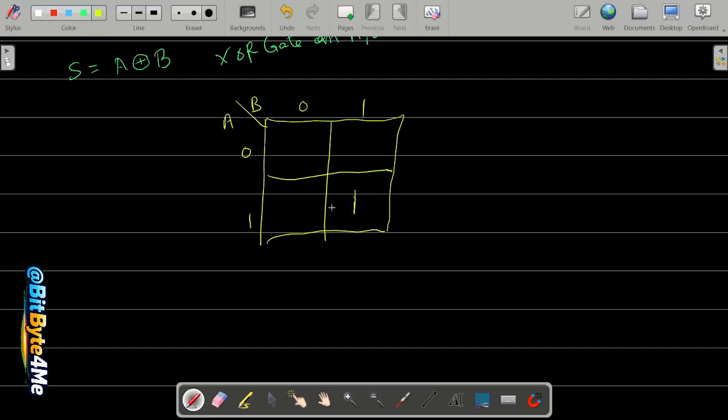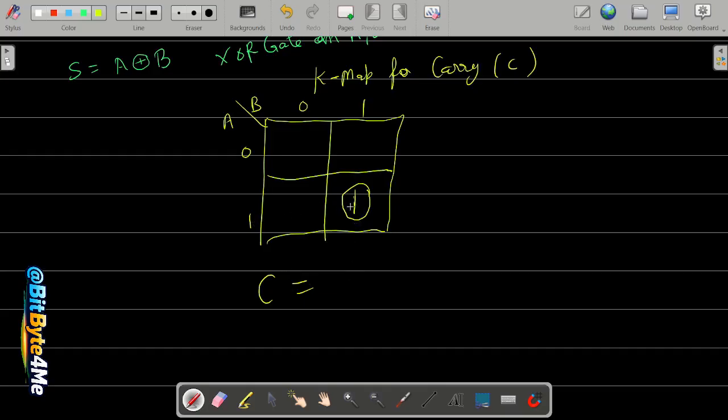So only one box will be marked, and so pairing is not possible, so take it as individual. And for carry we write C. C is equal to, so this is the K-map for carry, that is C.